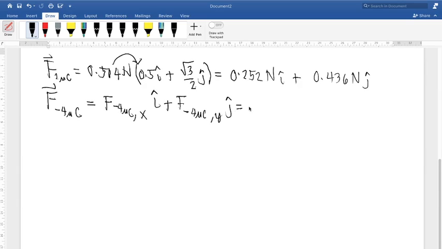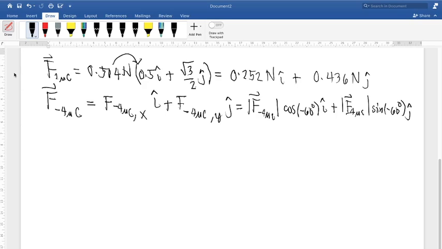So here, simplifying, we have force by the negative 4 microcoulomb, then cosine of negative 60 degrees i hat, plus the force, again the magnitude, then sine of negative 60 degrees j hat. Okay, so we have that one.